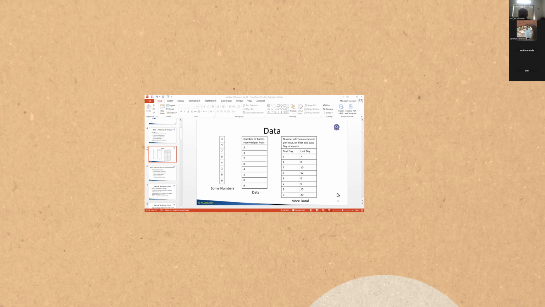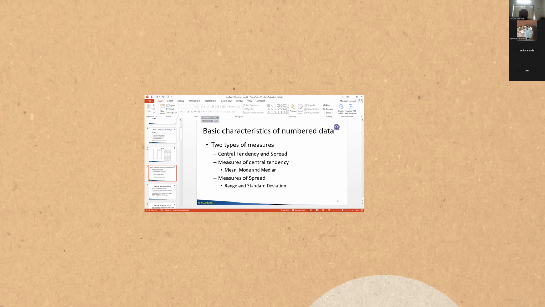And next is the median. That is another important measure of central tendency. What is median? Median is the value for which 50% of observations lie on either side of it.